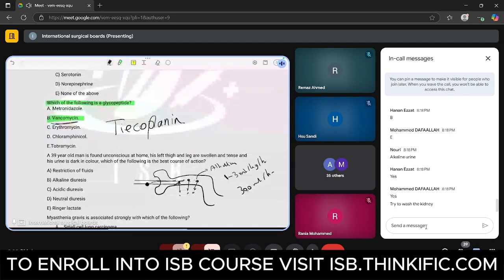You don't need an alkalinizing agent. The act of giving too much fluid will wash out the acid in the tubular fluid and will increase the urine pH, so it will alkalinize the urine. Some people go a further step to add sodium bicarbonate.